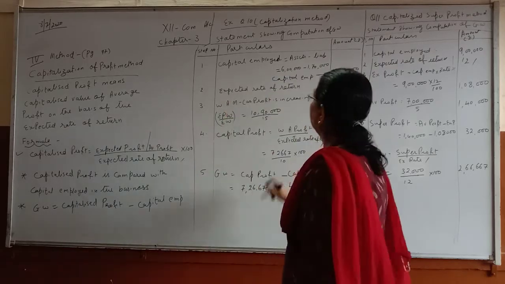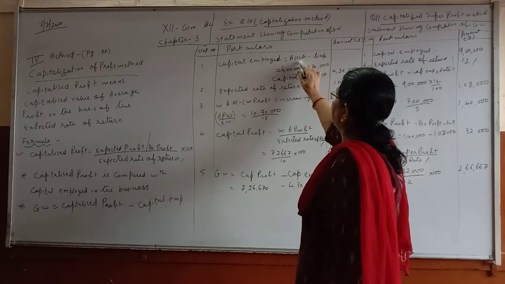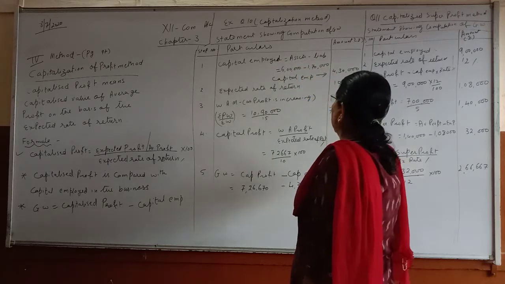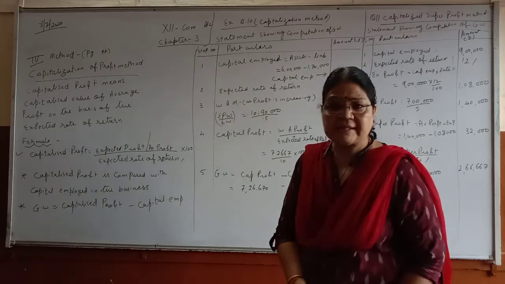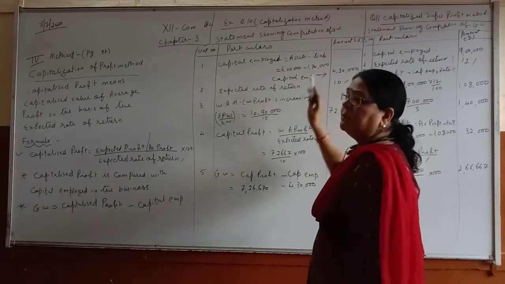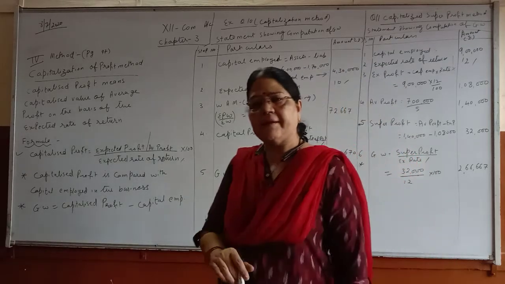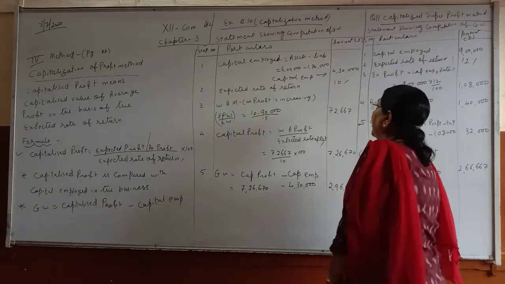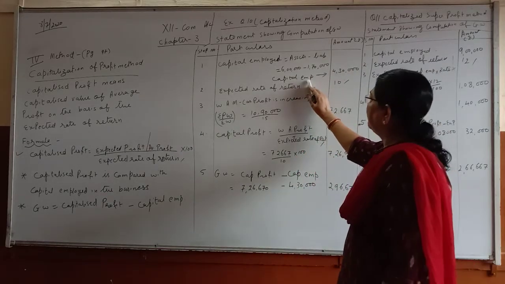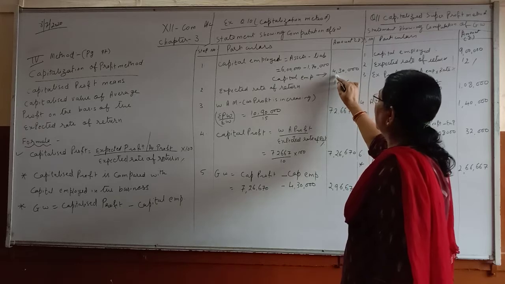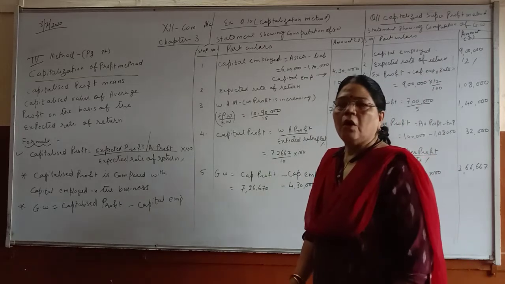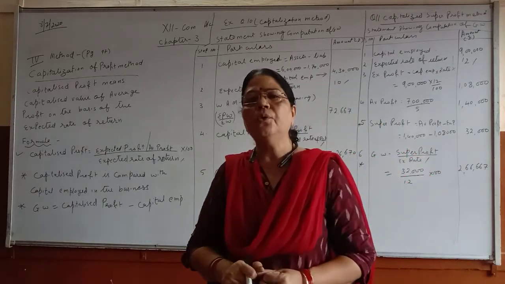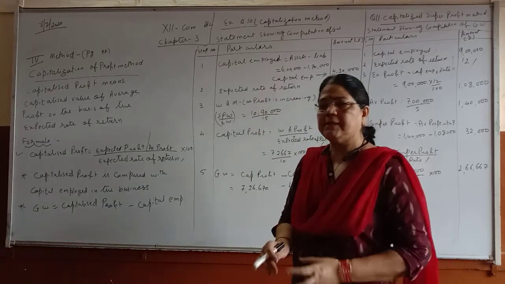Here in this question, assets are given as 6 lakhs, minus liabilities of 1,70,000. The difference amount we get is the capital employed, and that is 4,30,000 you have invested in the business.